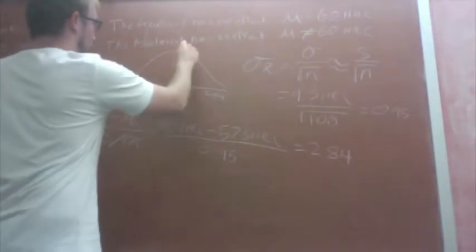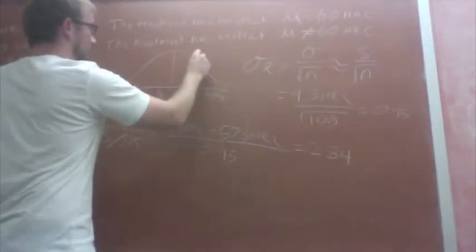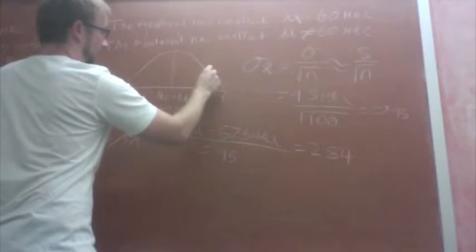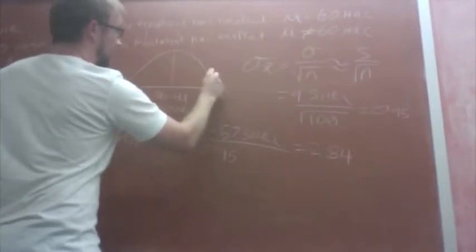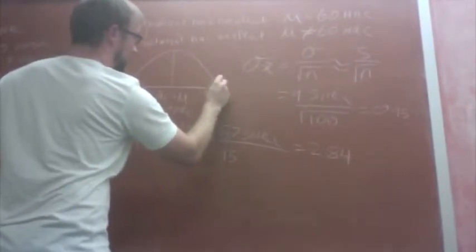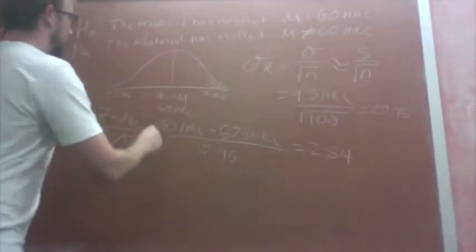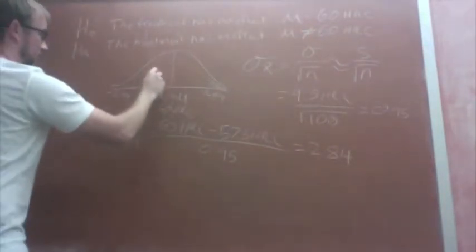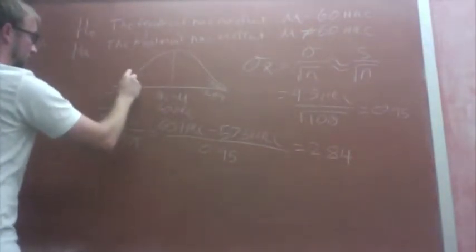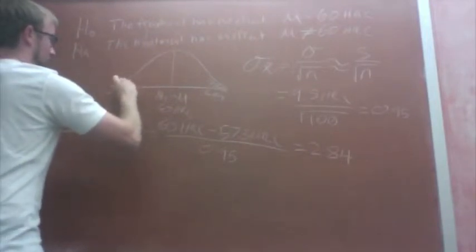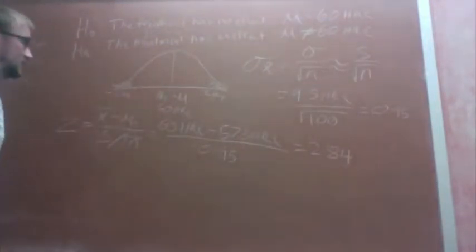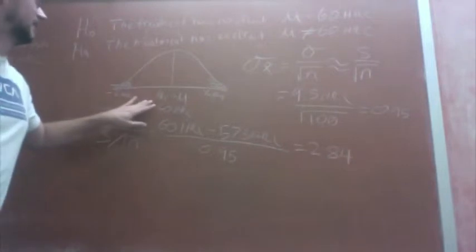So basically this would be 1, this would be 2, and this is just a little under 3. So this is our rejection region here on the positive side. Same thing on this, and this is going to be our rejection region for our negative side.